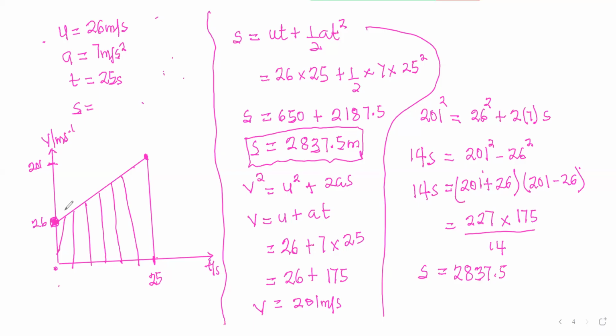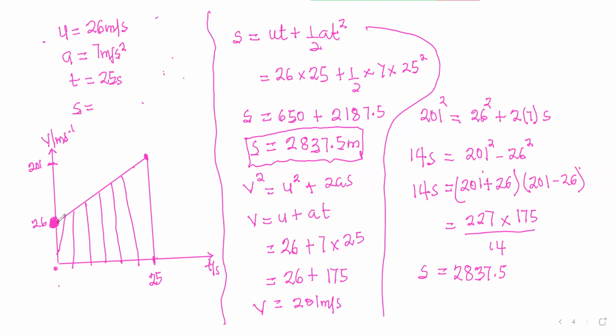A body starts with an initial velocity of 25 meters per second. So this is the initial velocity, 26. Okay. Then it accelerates uniformly. The rate of acceleration is 7. Okay, and it accelerated within a time of 25 seconds.